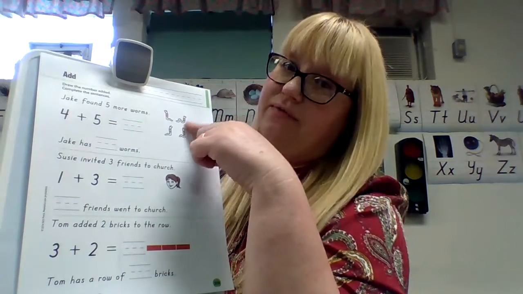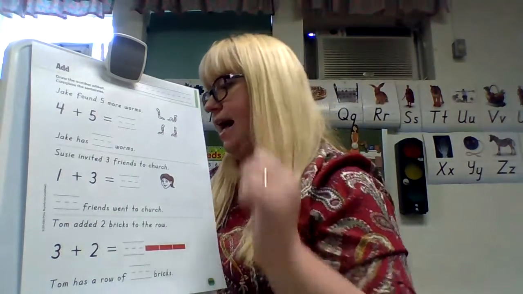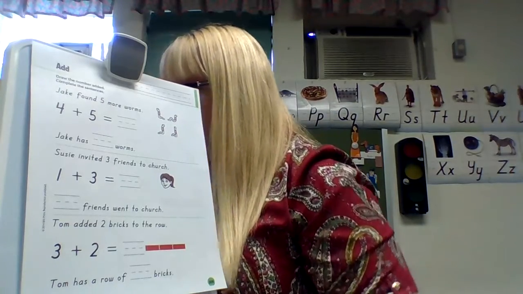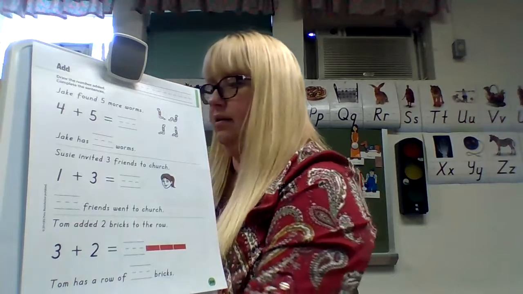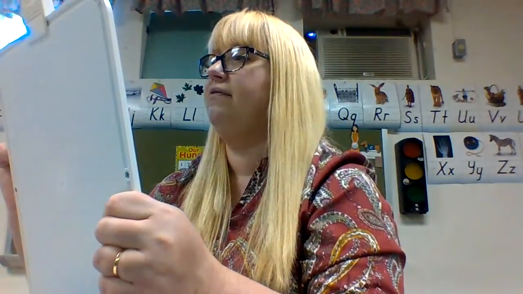If he found 5 more, how many should we be drawing? 5. So let me show you how you can just draw with a little red crayon. It doesn't have to be perfect. You can just make a little squiggly guy there. But you're going to make 5 of them.